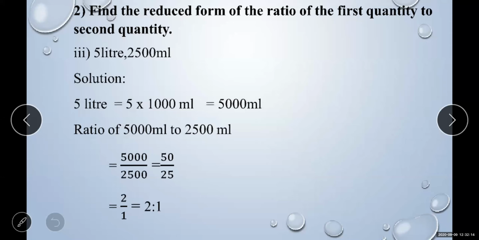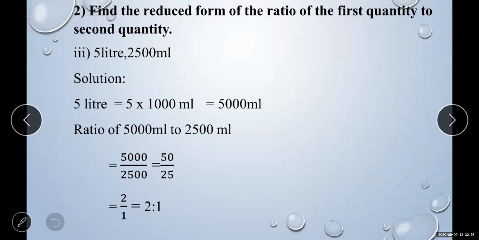Now here you can see, I took the third sum: 5 liter and 2500 milliliter. Both have different units.